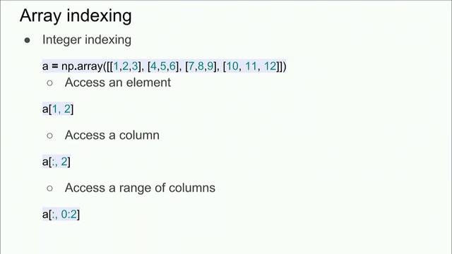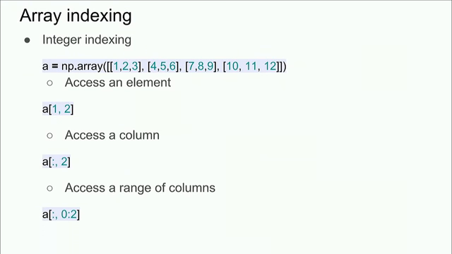So basically, another slightly more advanced way is how can you access a whole column inside a matrix? For example, the example here accesses the third column of this matrix. So what we did is that we put a colon and a comma and the index of the column. In this way, you can access the whole column in that matrix. And similarly, you can access a single row of the matrix.